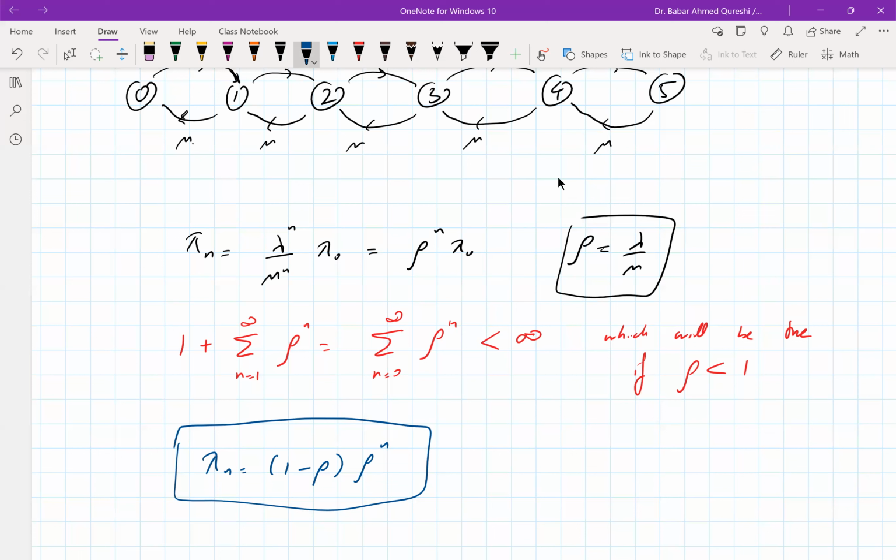Now, you can have more examples of this queuing problem.